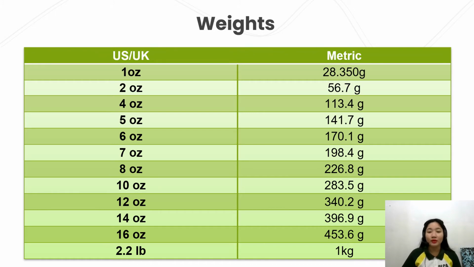We have 340.2 grams. We also have 14 ounces, which is equivalent to 0.9 grams. We also have 16 ounces, which is equivalent to 453.6 grams. And for the last one, we have 1 kilogram, which is equivalent, of course, class, to 2.2 pounds.